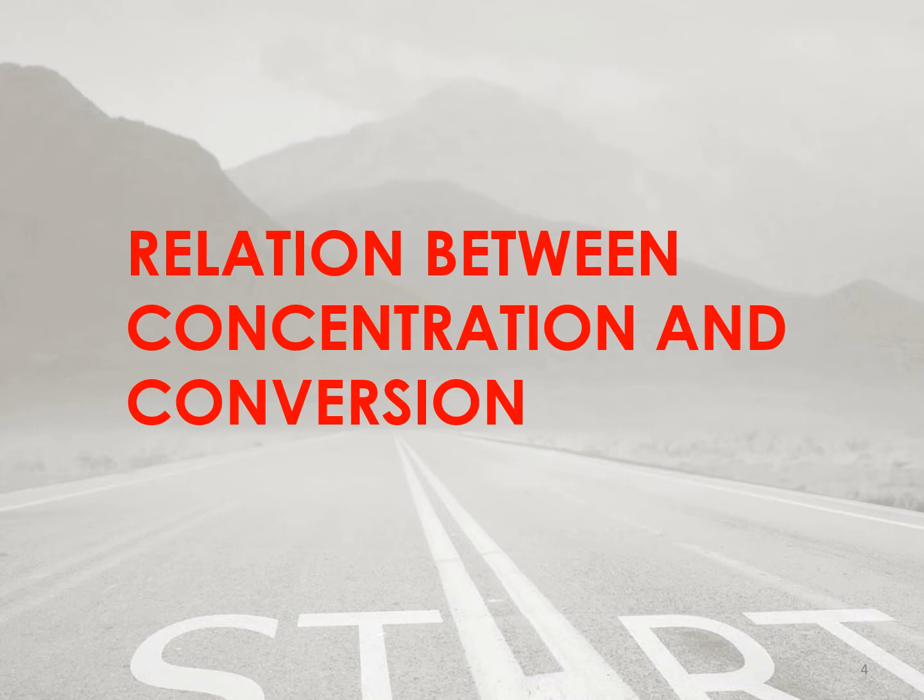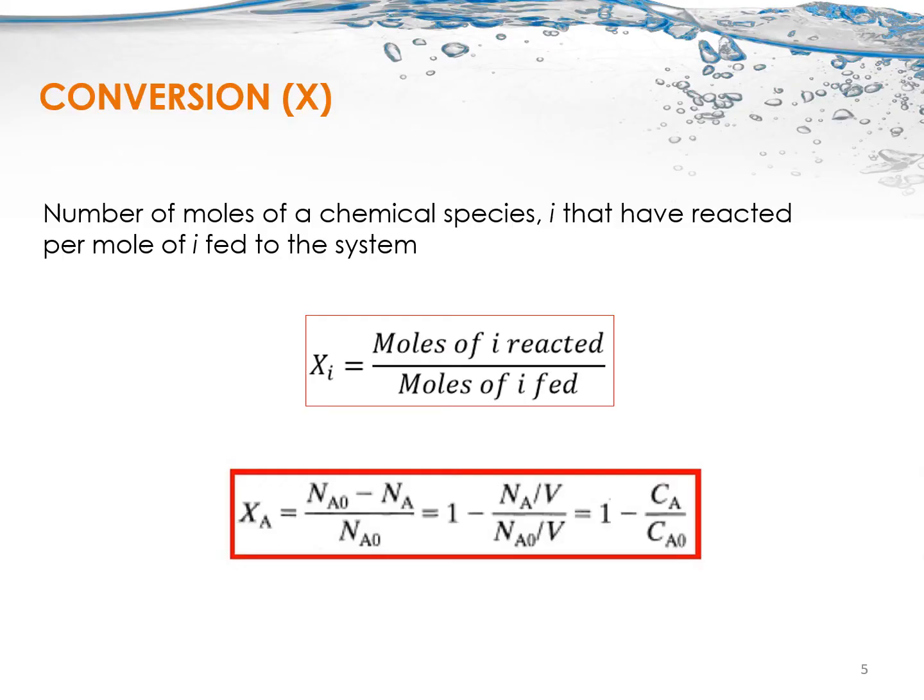So how do we relate the concentration and the conversion? Let me refresh you from topic number 2, whereby the conversion is the number of moles of a chemical species I that have reacted per mole of I fed to the system.